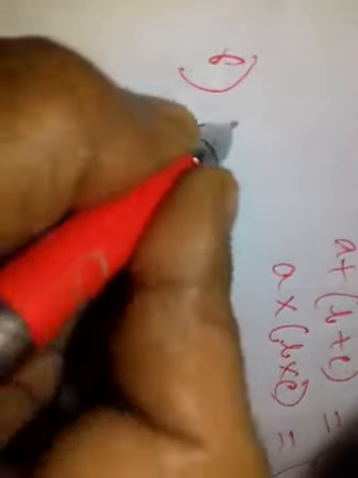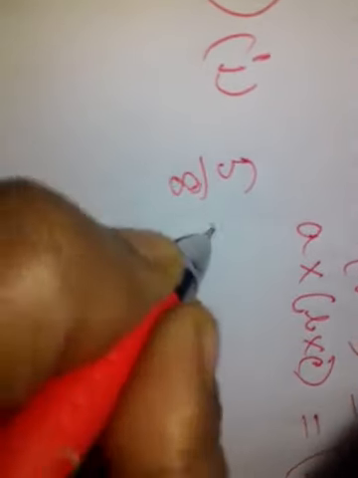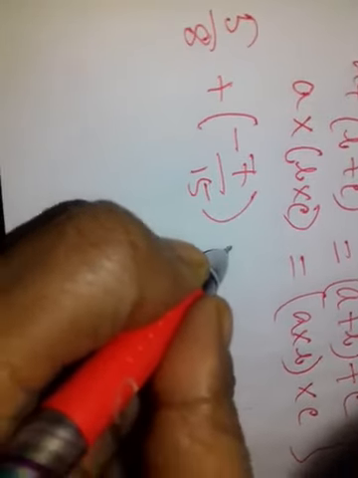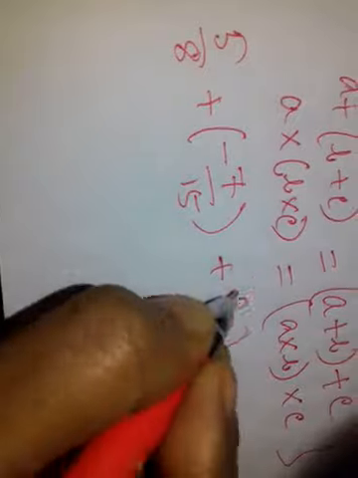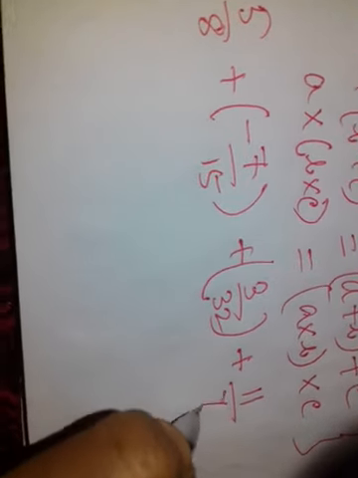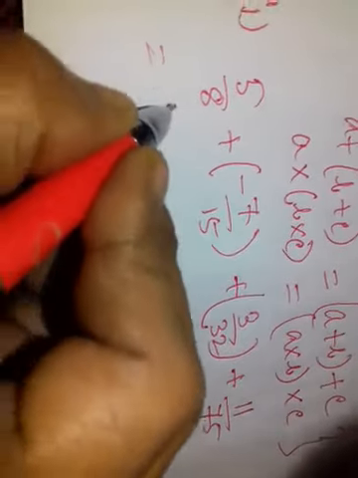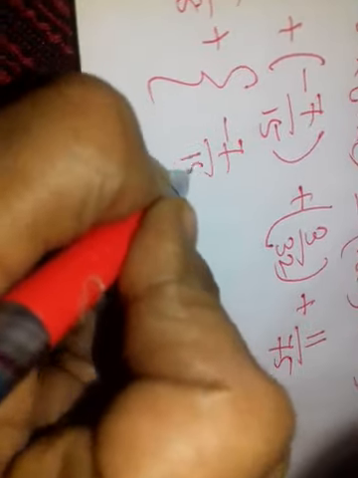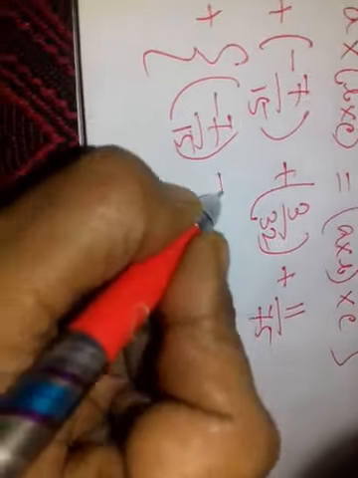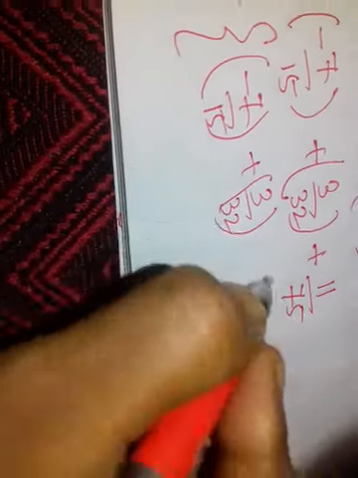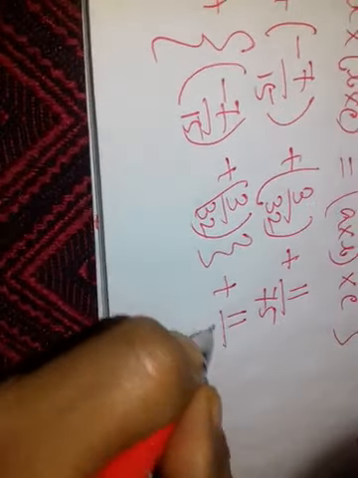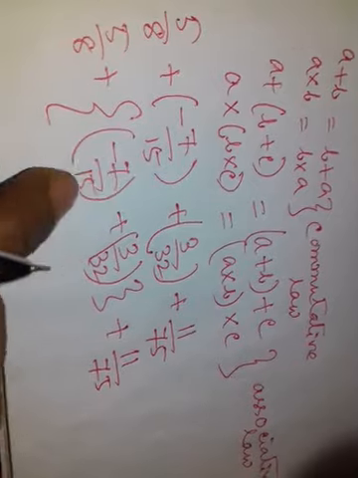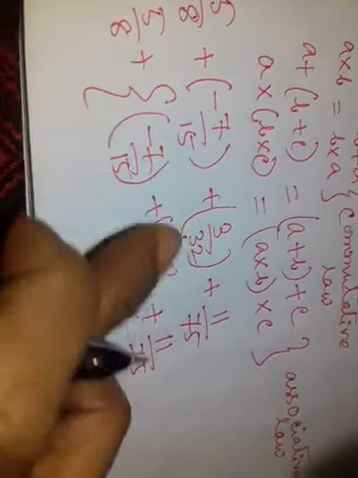6 part 1. 5 by 8 plus within bracket minus 7 by 15 plus 3 by 32 within bracket plus 11 by 75. Now by commutative law we can write minus 7 by 15 plus 3 by 32 as 3 by 32 minus 7 by 15.